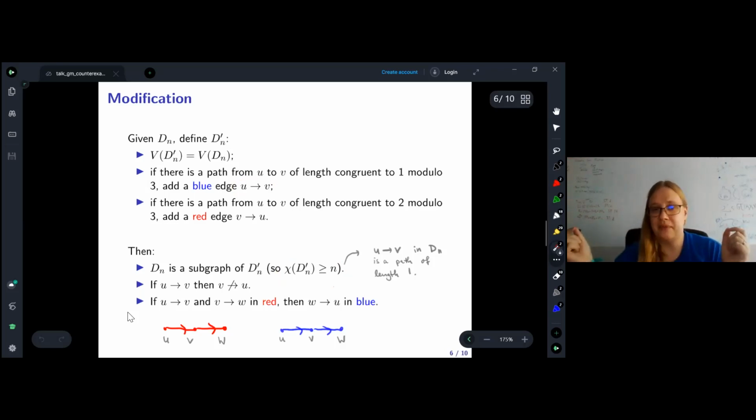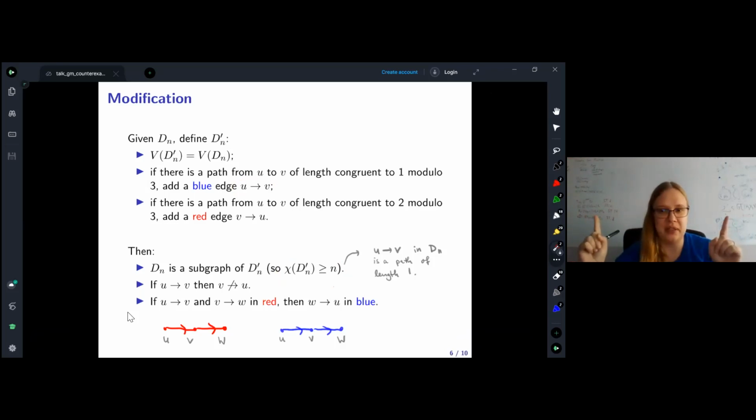Also, we never get edges between two vertices in both directions, because I put an edge between them if there's a path, and that path is unique, and so its length is either congruent to 1 or 2 or 0 mod 3. So I either get this edge, that edge, or neither, but I never get both. So this is a simple digraph. For every two vertices, there's at most one arc between them.